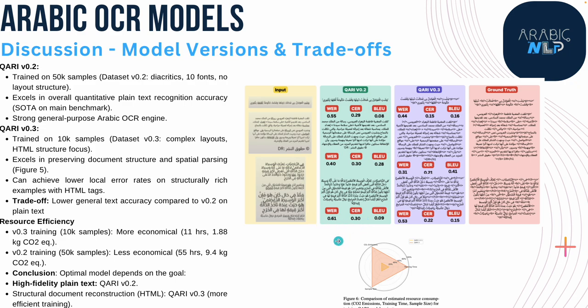So the conclusion is the best model depends on your specific goals: choosing Qari version 2 for the highest accuracy in plain text reading, or choosing Qari version 3 if you need to understand and reconstruct the document structure. This is very important, especially if training efficiency matters for your task.